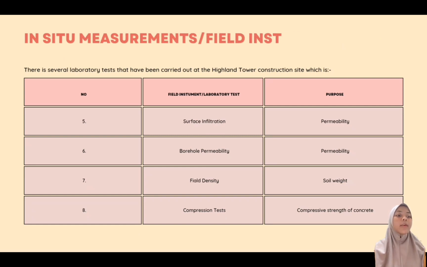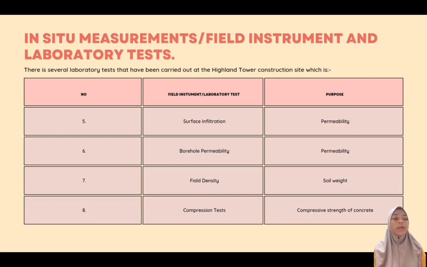Number 5, the field instrument or laboratory test is surface infiltration. The purpose is permeability. Number 6, the field instrument or laboratory test is borehole permeability. Purpose is permeability.